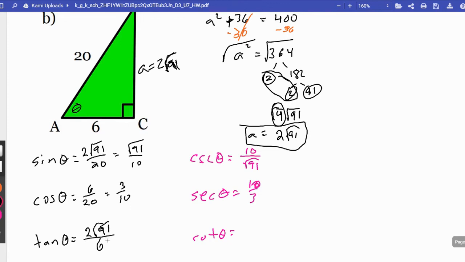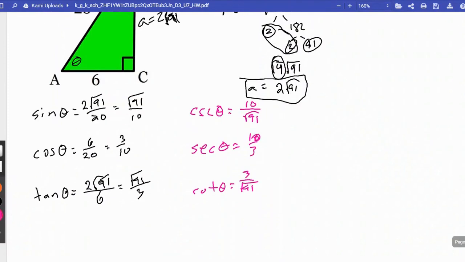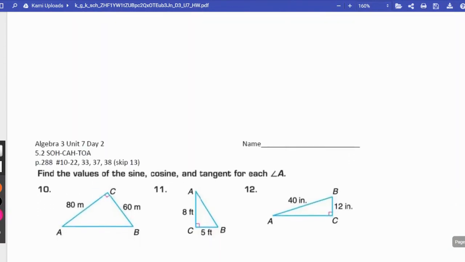You can reduce that, so you get just square root 91 over 3. And so cotangent is 3 over root 91. All right, so there's not a whole lot to those types of problems.